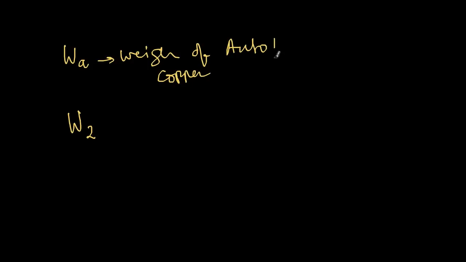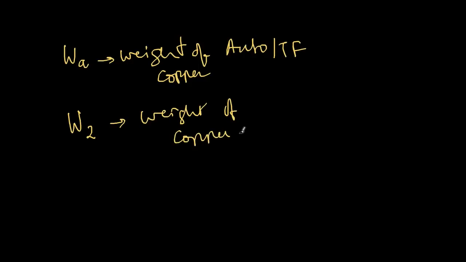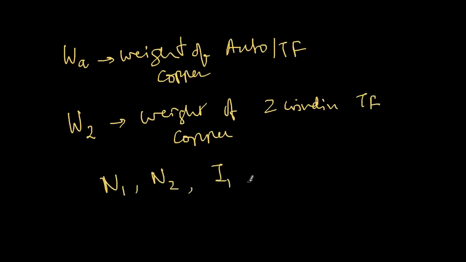So let's define WA, not WC, and W2. WA is weight of copper of auto transformer, and W2 is weight of copper for a regular two winding transformer. I want to compare these two in such a way that both of them have the same N1, N2, and the I1, I2 are the same.